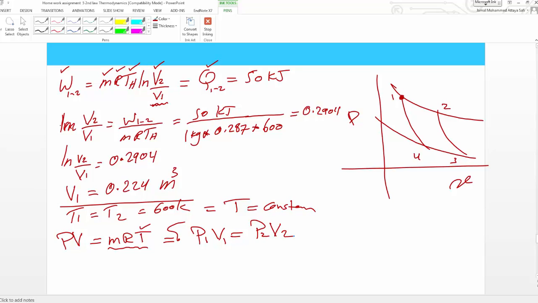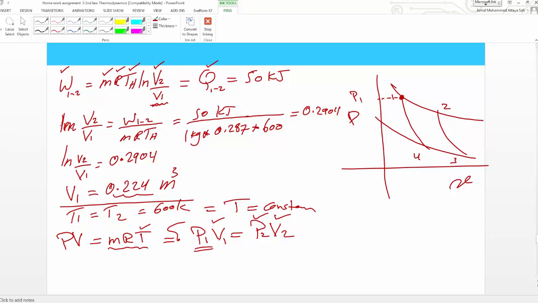Now this is already calculated, it's here. This one and this one I have. I can find P1. This is what you asked, or the maximum. Remember, or you can notice that P1 is the maximum pressure in the cycle, or in the Carnot cycle.